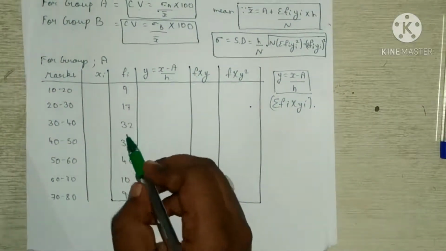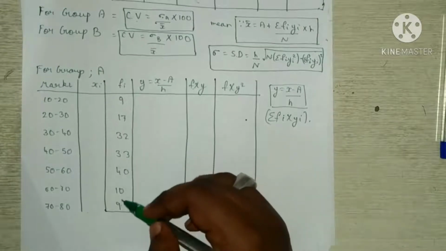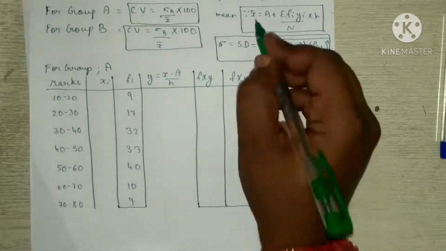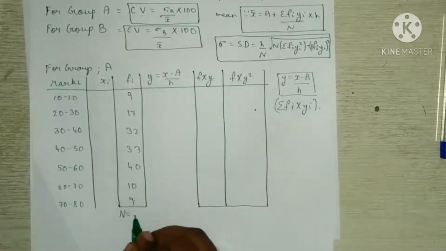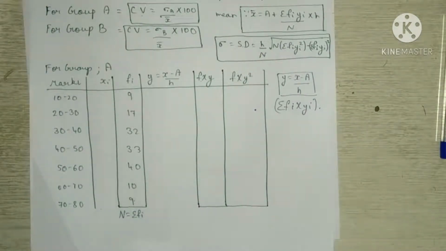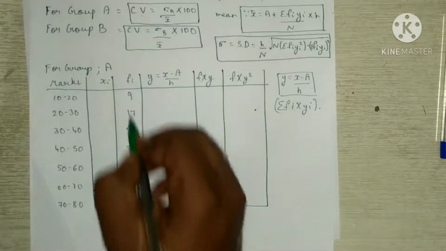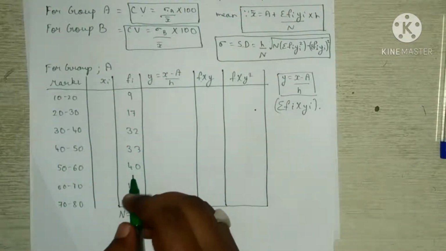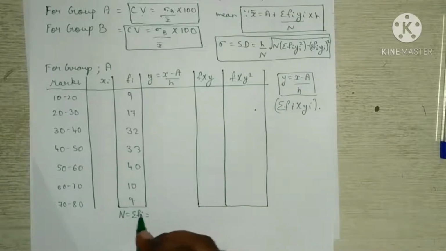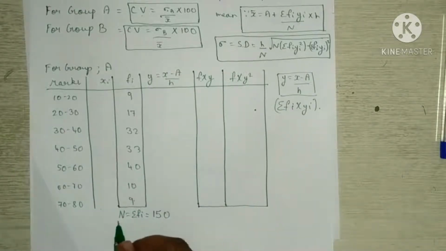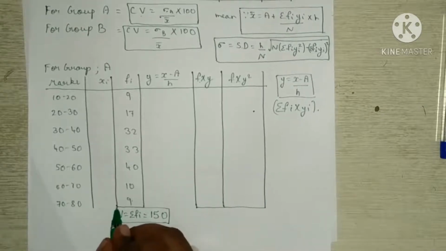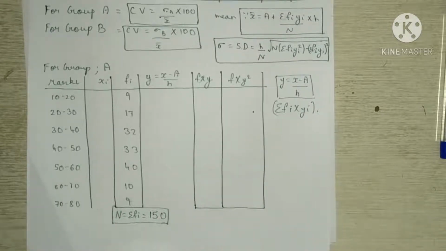We need to find n. N is equal to summation of f i, which is adding everything: 9 plus 17 plus 32 plus 33 plus 40 plus 10 plus 9. You will get around 150. So n is 150.